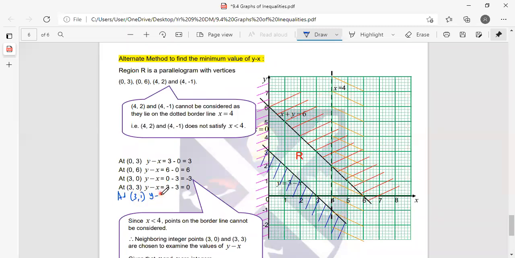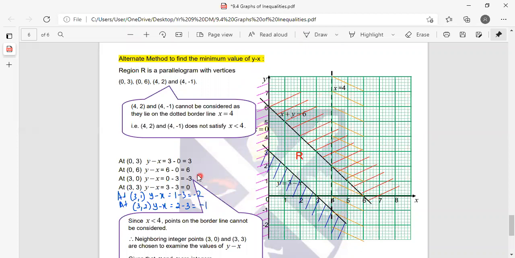Y minus x would be 1 minus 3, which is -2. Then at (3, 2), y minus x will be 2 minus 3, -1. So you see those points there: -2, -1 here.